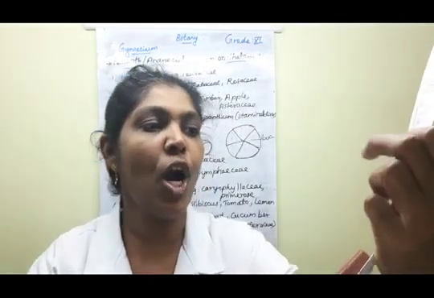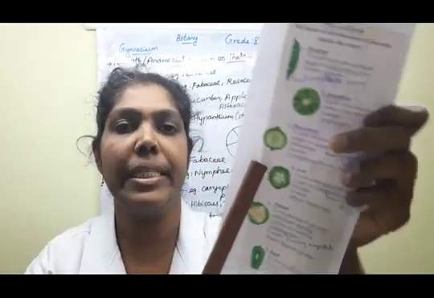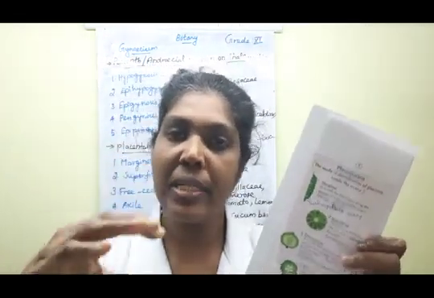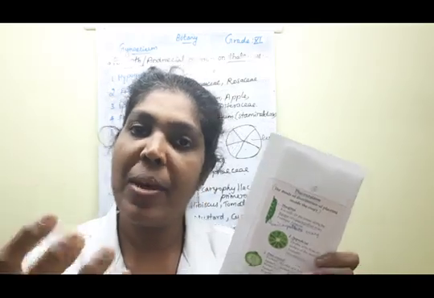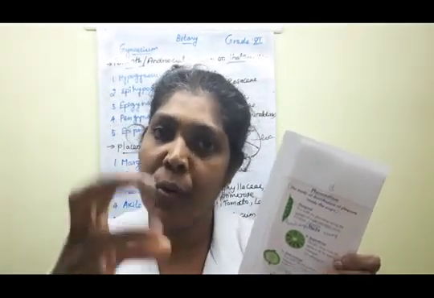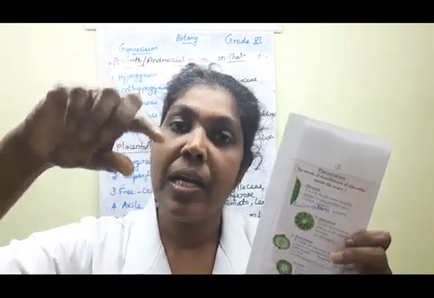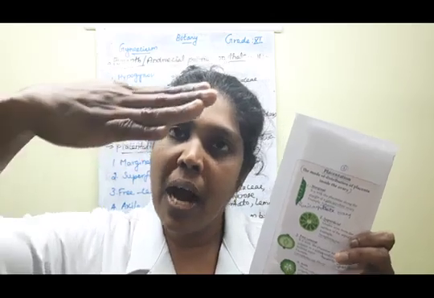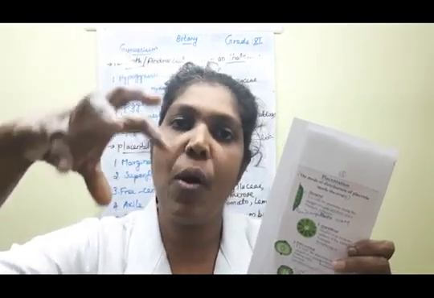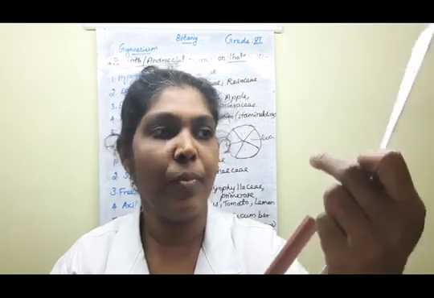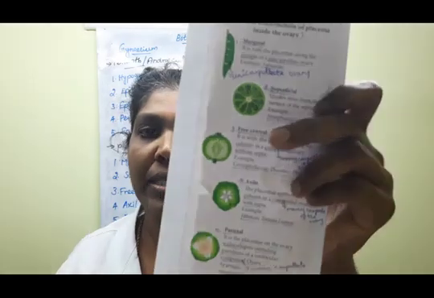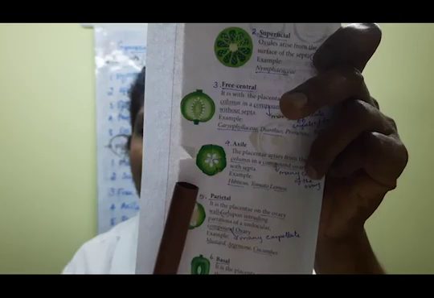Axile placentation means a multicarpellate, compound ovary with many carpels, but the placenta is present in the central part, on the partition, the septa. That is what we call axile placentation. Understood, ma? Say yes or no? This is the diagram representing axile placentation.